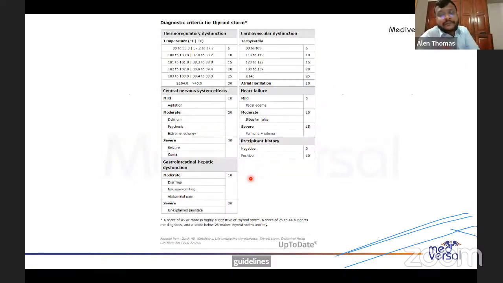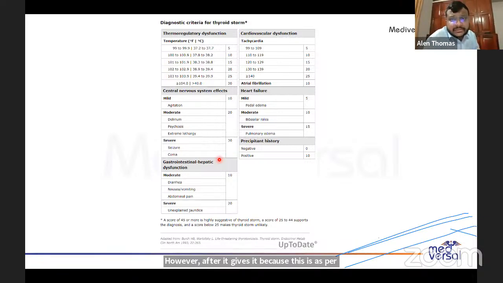One that is followed, as you can see, is a set of diagnostic criteria, but not universally followed. However, UpToDate gives it, and it is one of the very trusted sources. Universally it may not be there, but this is a somewhat consensus understanding of diagnostic criteria that can be used.